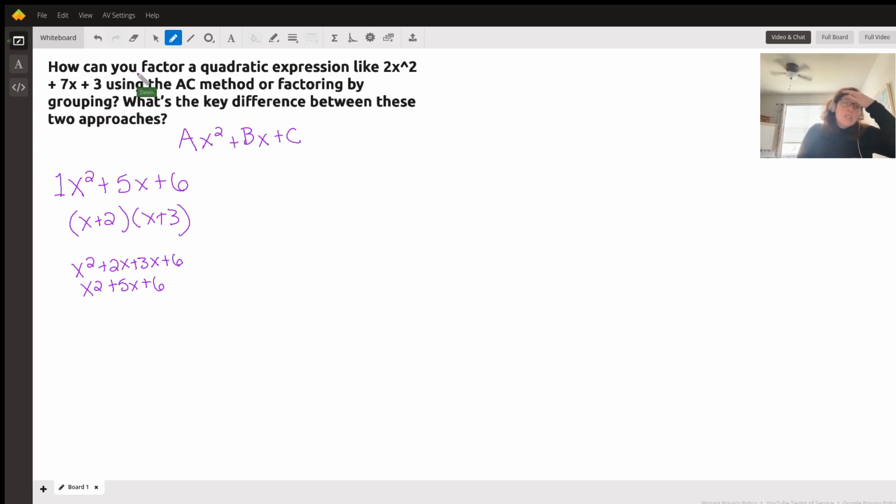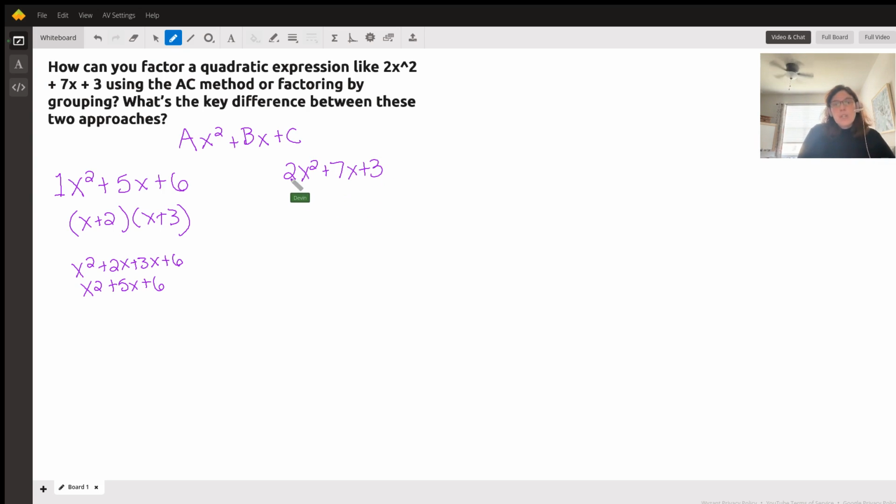Now let's use the equation that you have, your trinomial. This one, the coefficient is 2, so we have to use the AC method to split it up into a 4-term polynomial and then factor by grouping. So for your equation, we have 2x squared plus 7x plus 3.